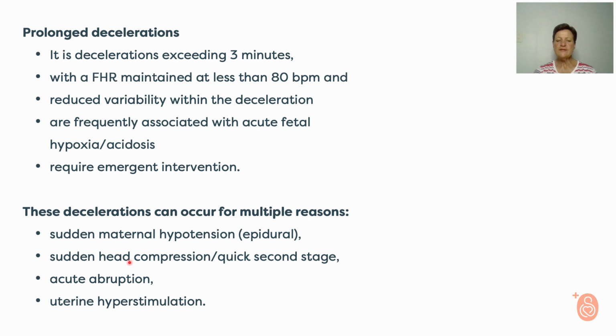Acute abruption of the placenta, which goes together with maternal hypotension, because the moment that we get acute abruption, obviously we get a maternal hypotension and a drop in the blood pressure, and also a drop in the fetal heart rate. We also get that sometimes in the case of severe uterine hyperstimulation, where we get more than 5 to 6 contractions per 10 minutes, and then also the hypoxia gets so severe that the fetal heart rate drops and we get a long deceleration.